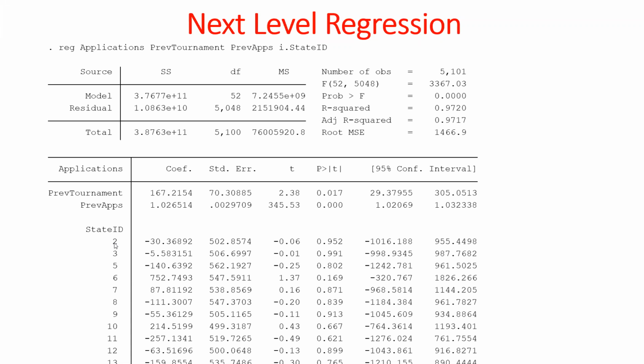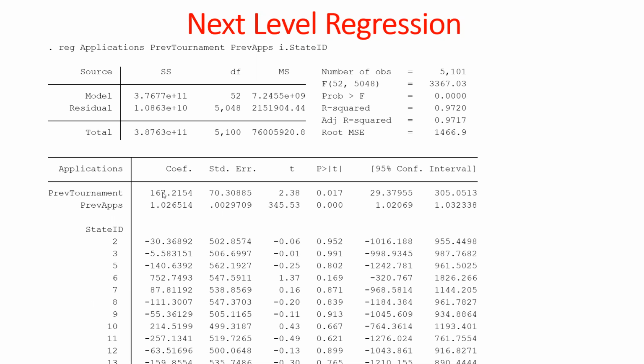All I did here was add these numbers, each one of which represents a state. So this would be like Alabama, Arizona, and so on and so forth. Now our interpretation of the coefficient on whether or not they made the tournament the prior year is the increase in the number of applications from making that tournament for 2 schools in the same state receiving the same number of previous applications the year before.